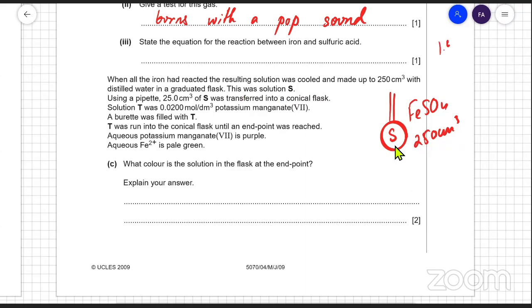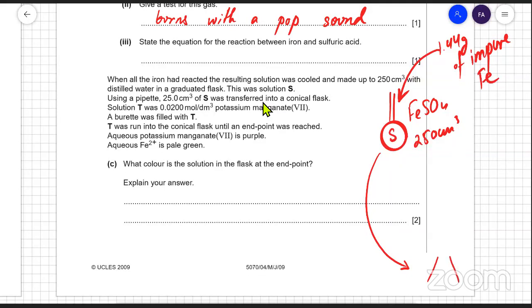How much iron was added? Impure iron, 1.44 grams of impure Fe. All the iron in it has been dissolved and turned into FeSO4, and it's a 250 cm³ solution. What's the next part? A pipette transfers 25 cm³ of S into a conical flask, so that's what we're going to do.